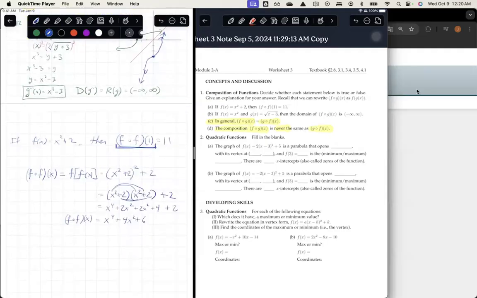So now we can use this function to find f of 1. We plug in 1. And we do get 11. Okay, so that's true. There is a shorter way to do this.